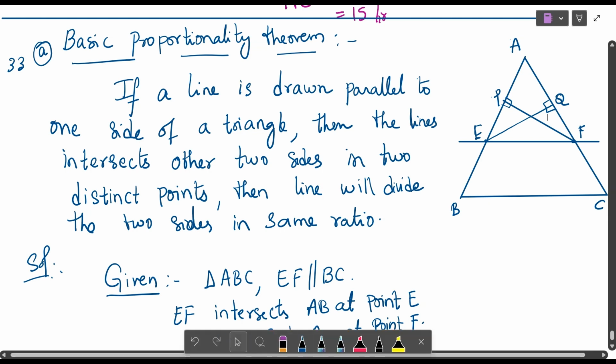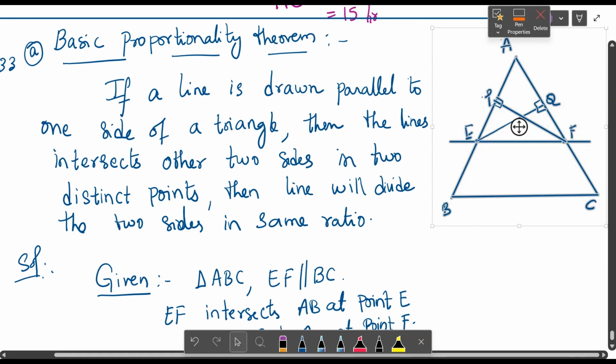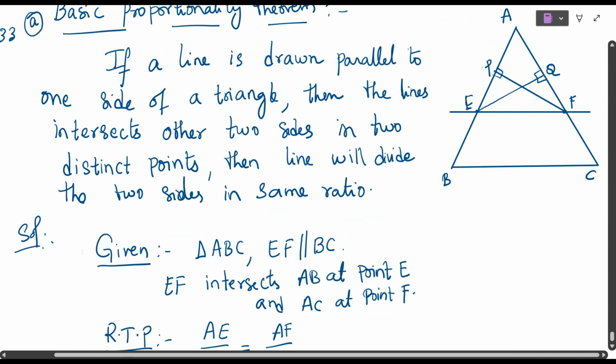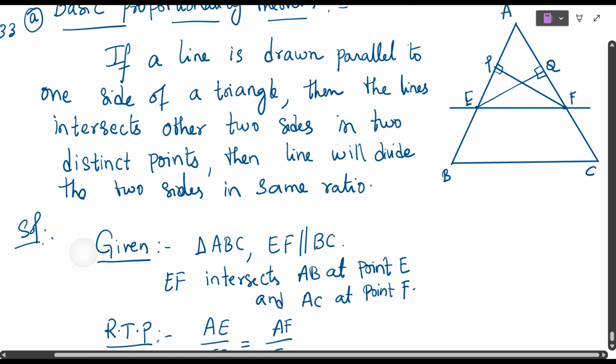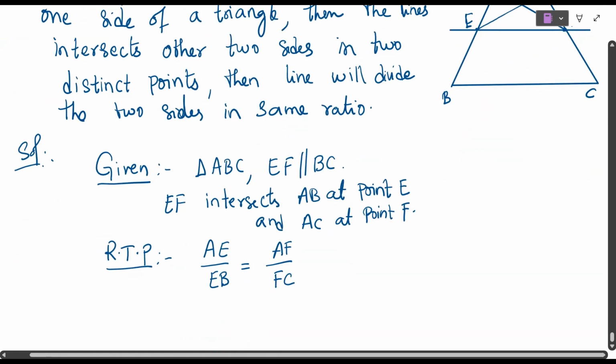So what is the construction we have done here? Draw FP perpendicular to AE. This is the construction part, students.